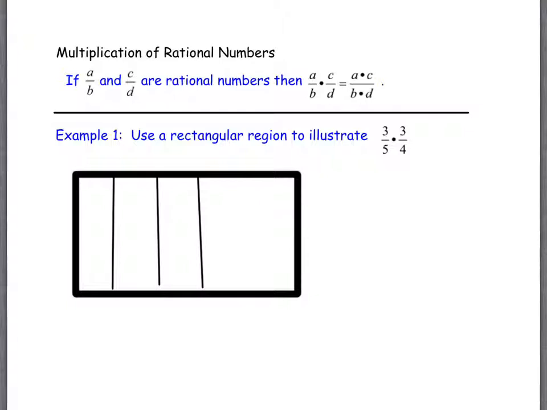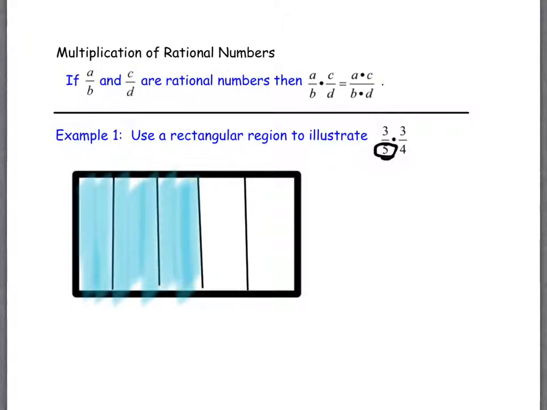Mine are not very convincing, but just pretend for a moment. So where did I get the 5? Well, I got it from down here, right? That 5 down there. So in essence, I want you to visualize you're going to shade in 3 of those 5. Okay? So whatever you'd like to do to shade those in. Here's 1, 2, and 3.